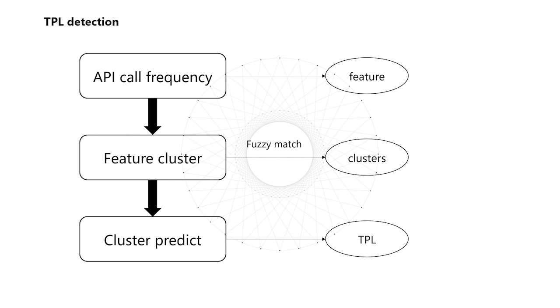Then we perform fuzzy match to cluster feature vectors, and finally, we can detect TPLs by cluster prediction. Our approach can resist code obfuscation, especially dead code removal and control flow randomization.